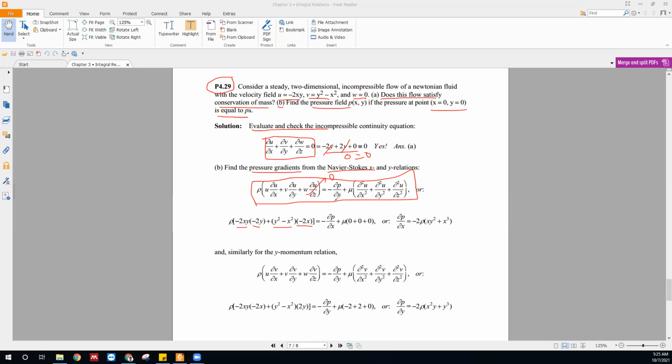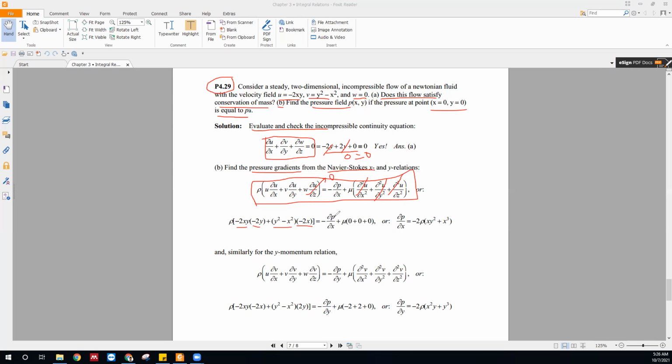This equals minus delta p by delta x plus mu multiplied by the second derivatives of u with respect to x, y, and z. And if you look at this, u doesn't have second order terms in x, y, or z, so all of them will be 0. This one 0, this one 0, this one 0.